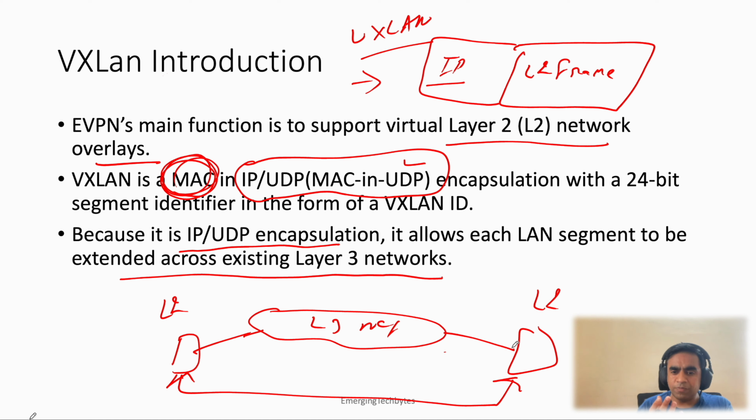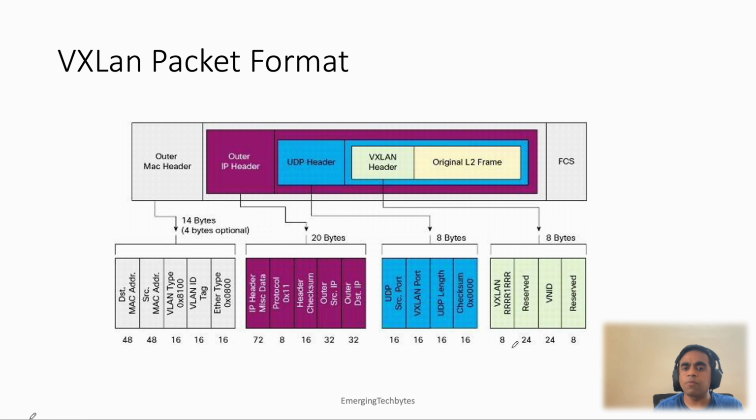So we have been talking about VXLAN for the last few minutes. Let's look at what the packet format looks like. This is a picture I have taken from a Cisco document. There are so many fields in this, but don't worry, let's talk about it one by one.